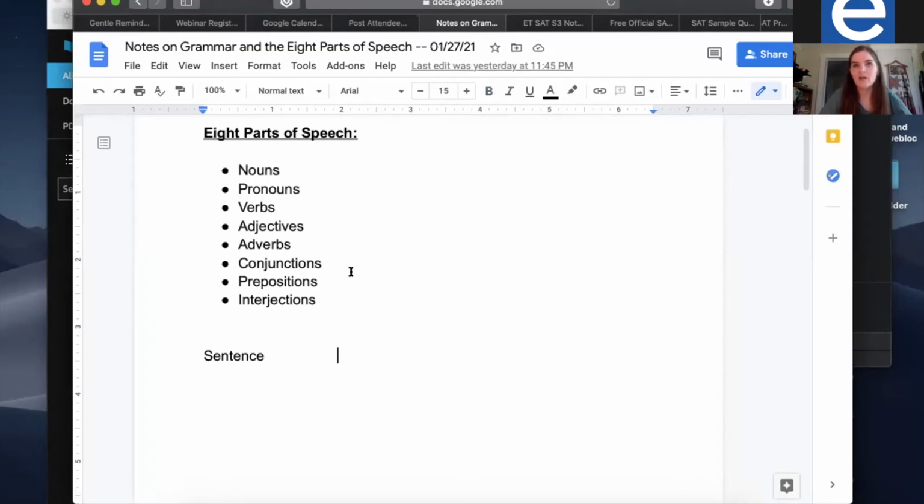If you understand the function of a word in a sentence and how it's being used, you don't even need to know the technical term for what it is.